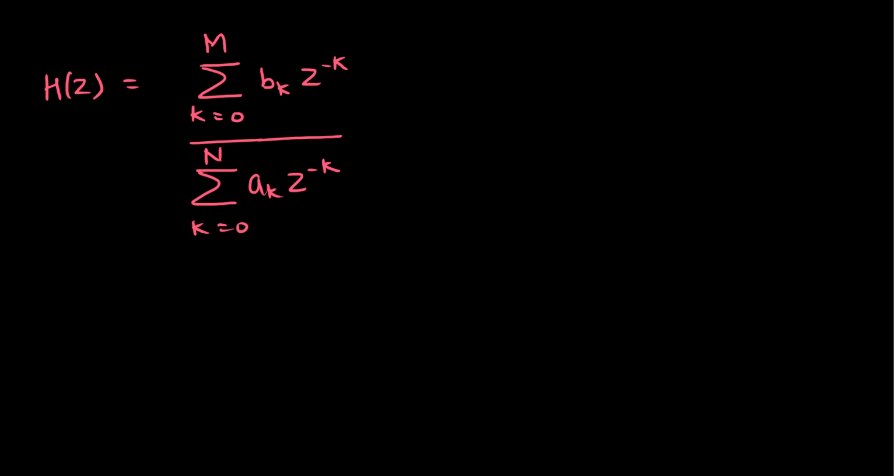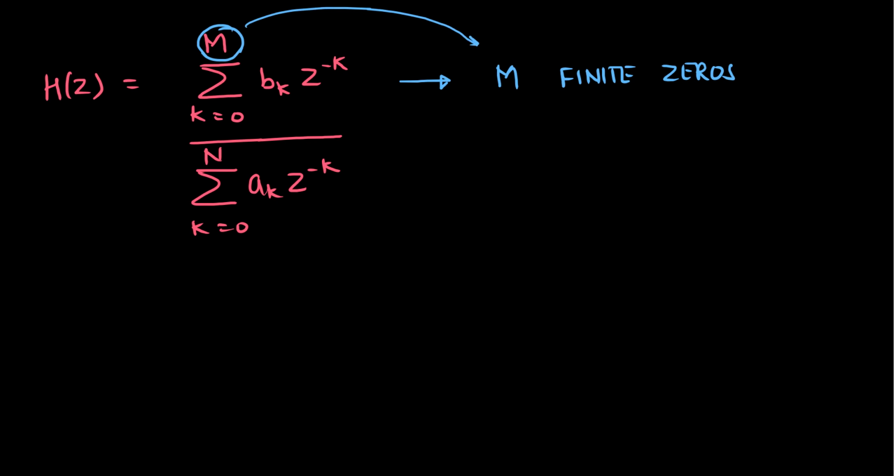And if we observe this expression, we can see that this Z transform has m number of finite zeros, that is the degree of the numerator is m, so we have m roots for the numerator, and if we look at the denominator we have n roots, which implies that we have n number of finite poles.